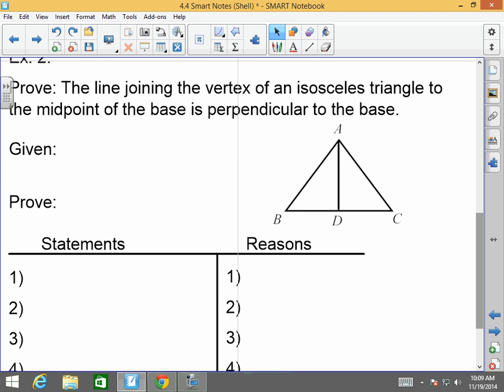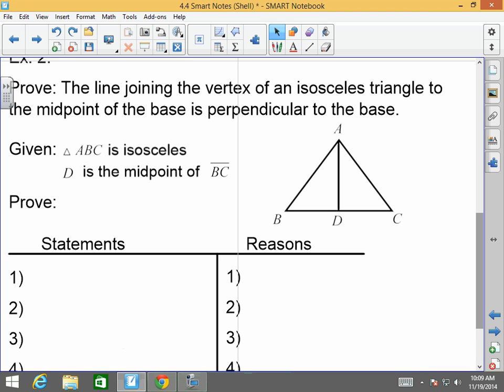So I'm going to draw out an isosceles triangle here, ABC, and I'm going to label AD as the line, okay, that is joining the vertex of the isosceles triangle to the midpoint of the base, okay? The given here, well, D is the midpoint of BC for sure.